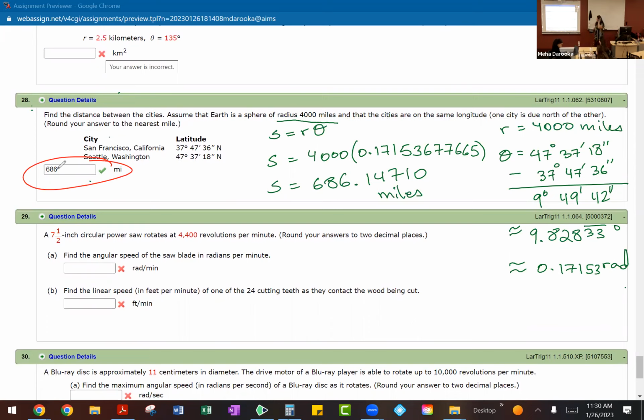And then of course they're giving you the radius, because you are still treating this as a circular shape, right? They're telling you specifically, think of the earth as a sphere. And then you have your radius of 4,000 miles.